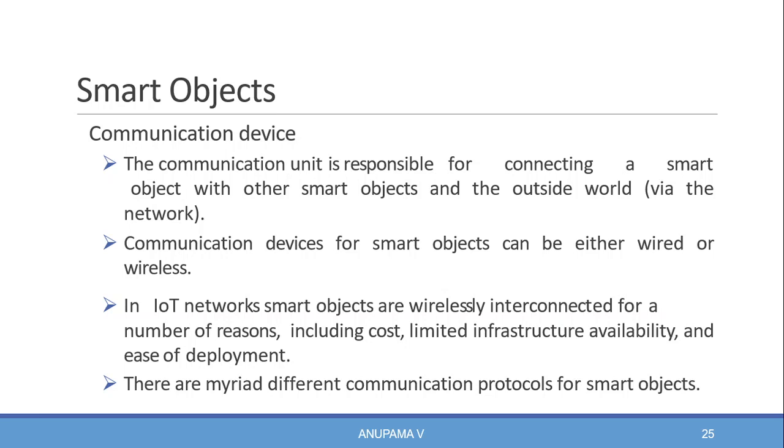In IoT networks, smart objects are wirelessly interconnected for a number of reasons like cost, limited infrastructure availability and ease of deployment. There are a lot of communication protocols used for smart objects, which you have already studied in the communication networks subject, and which we are going to discuss in the next session.